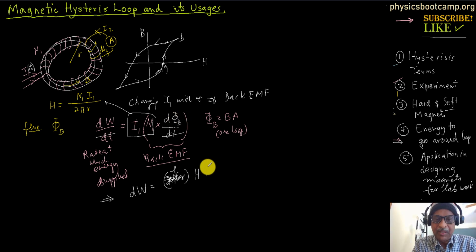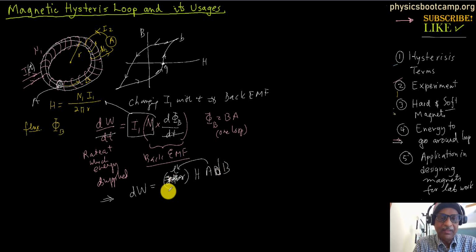Then you have H, and then you have a d phi. There's going to be the area of cross section, which is this area, times whatever the dB. So now A times L is the volume, the space inside, times H dB. Here is B as a function of H. I can think of H as a function of B here.